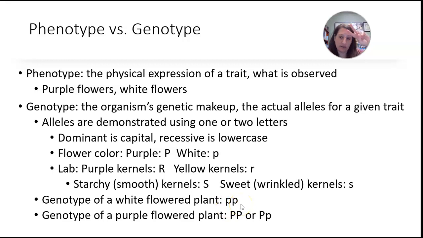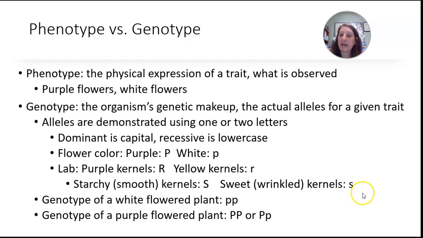We have to have 2 alleles because it's diploid, and both of them would have to be recessive in order to get the recessive phenotype. A purple flowered plant could be either big P, big P, or big P, little p. So both the homozygous dominant and heterozygous genotypes would give us the same phenotype of purple flowers.